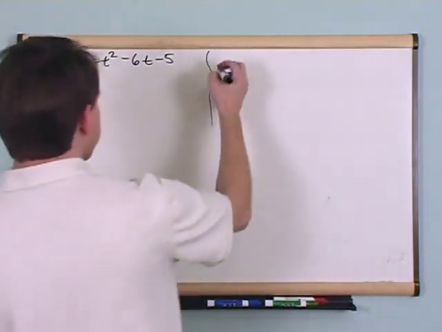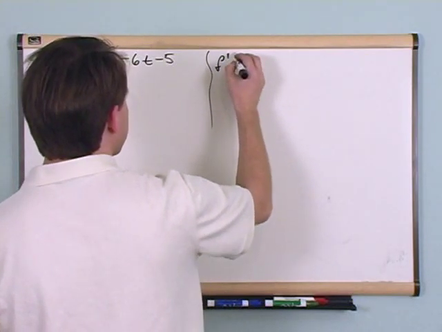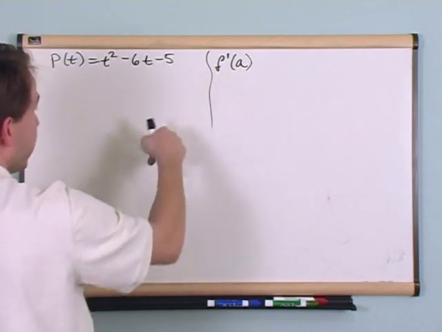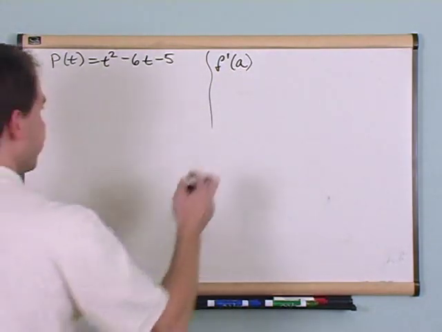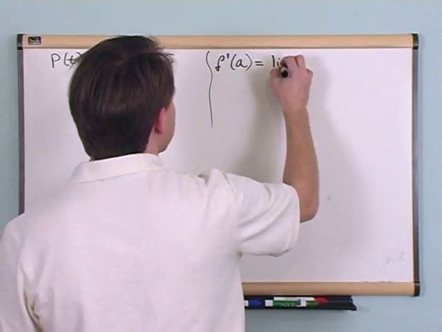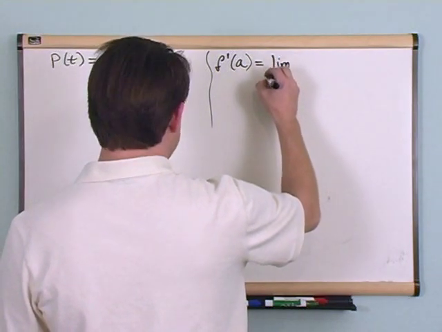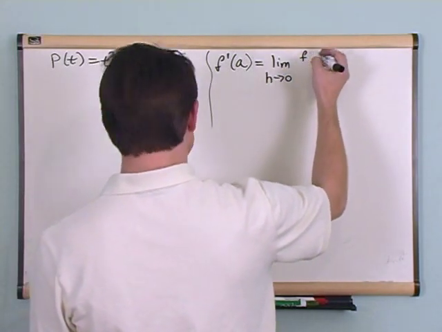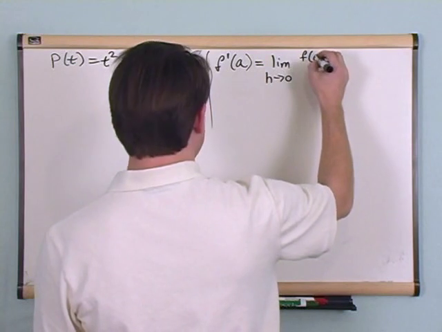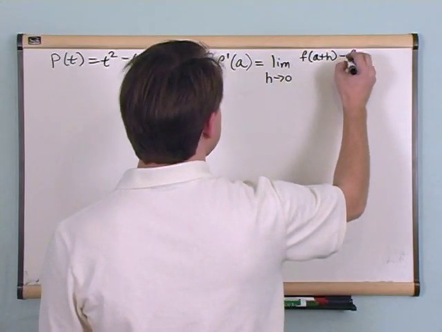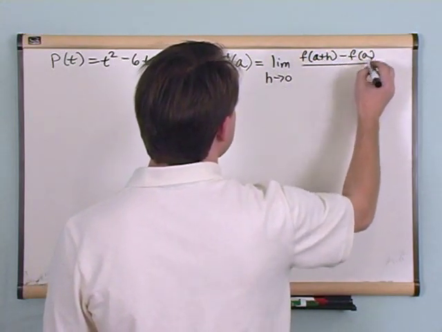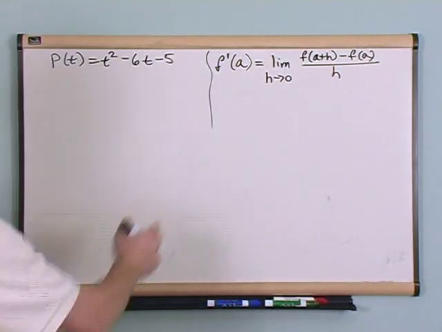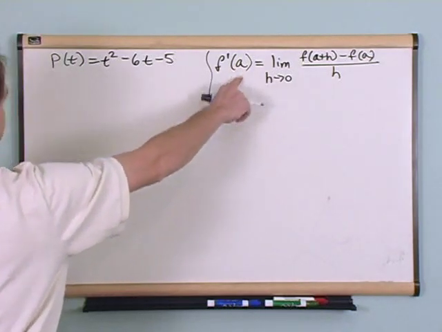The derivative at the point A, or in the previous drawing it was the point P, but it's the same thing, is equal to the limit as h approaches 0 of f of a plus h minus f of a over h. That's the definition of the derivative of the function f at the point A.